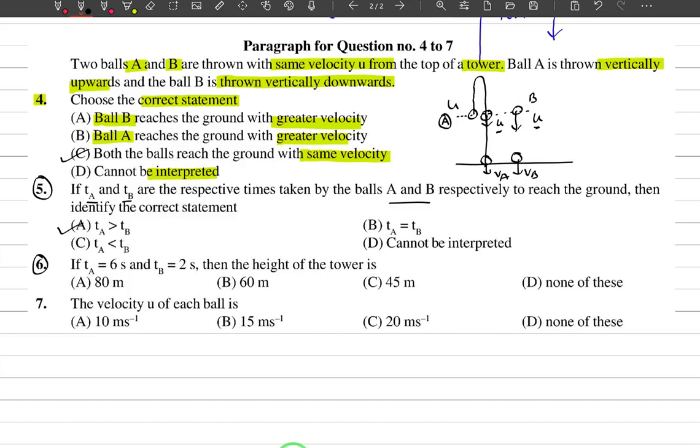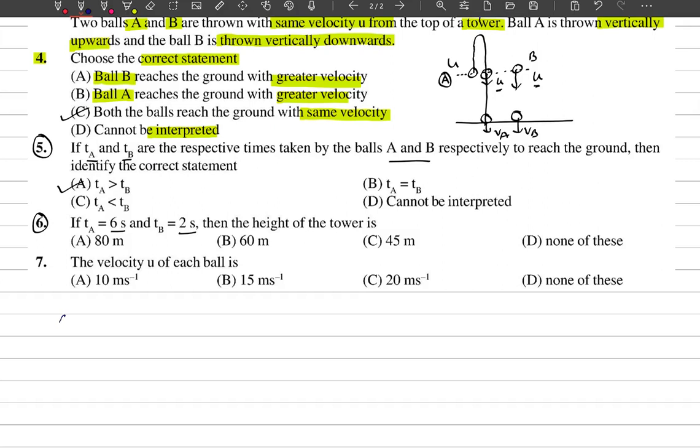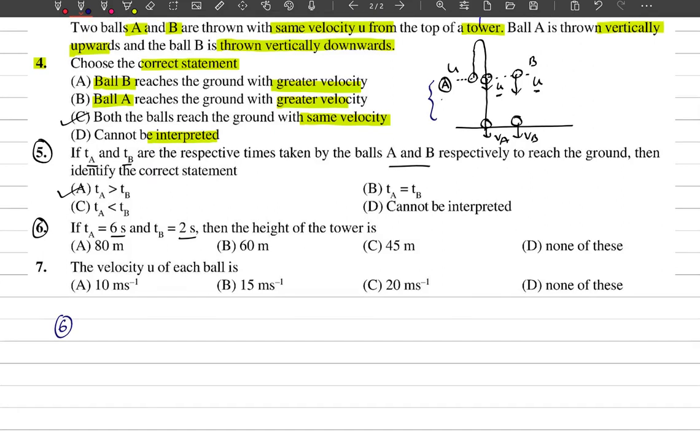Question number 6 says, if 6 seconds and 2 seconds are given, then what is the height of the tower? So question number 6 के लिए अगर h height हो जाए, take h as height, then we have to use the formula s equals ut plus half at square, right?